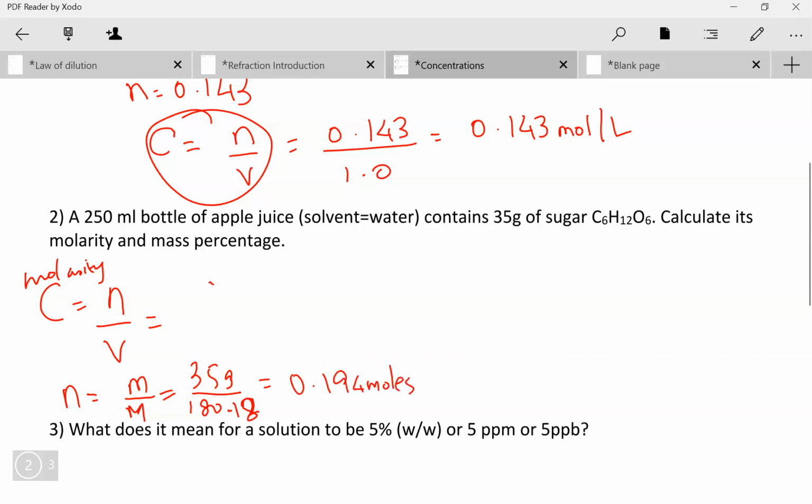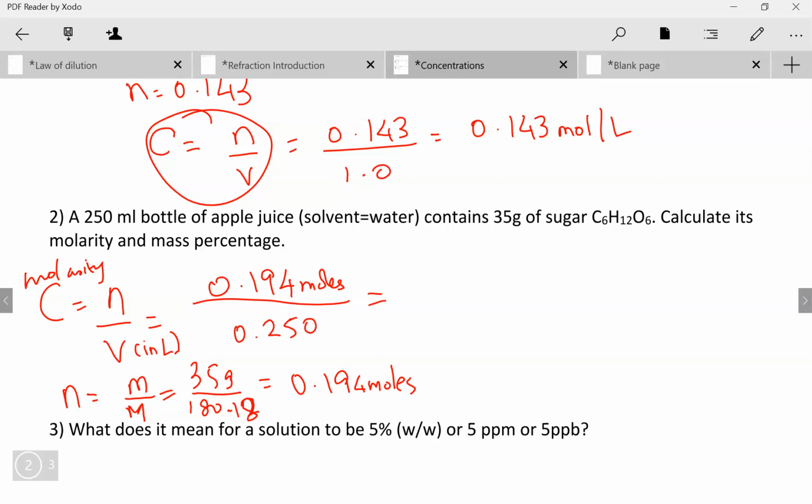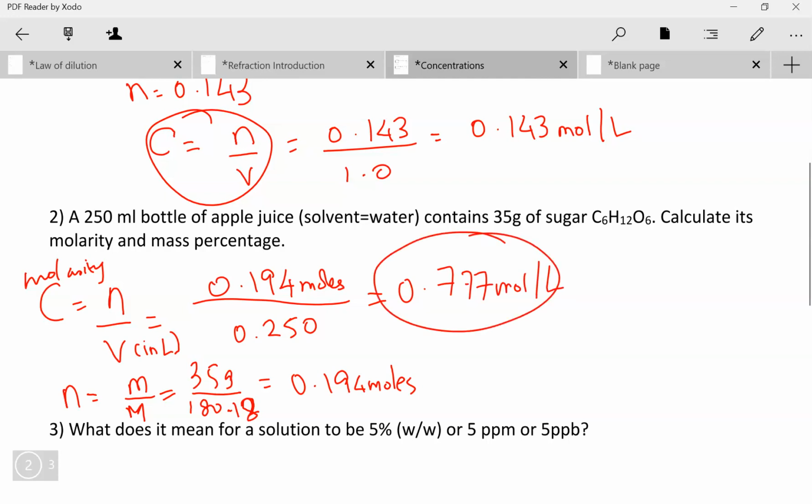So now that I have my moles, I can put that in, 0.194 moles, and I'm going to divide it by my volume of solution. But remember, this volume has to be in liters. So 250 divided by 1,000 is 0.25, and that's my volume. So I do this divided by 0.25, and my answer is 0.777 moles per liter. So that's my concentration of sugar in apple juice.